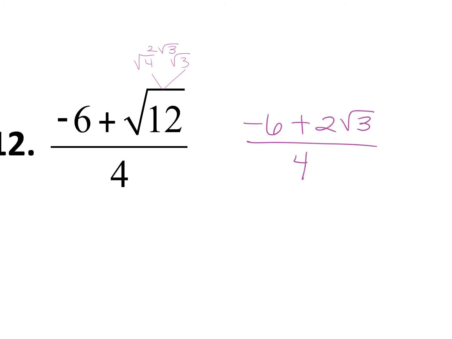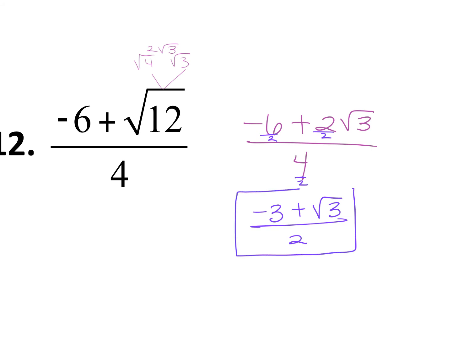What are all 3 of those pieces divisible by? 2. Okay. So if I divide everything by 2, I would get negative 3 plus rad 3 over 2. I'm dividing this by 2, this by 2, and that by 2. And now nothing else is simplifiable. So that would be your answer.